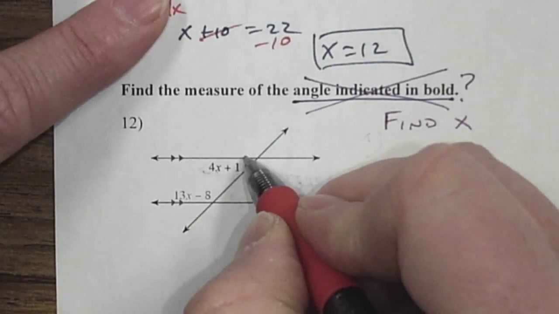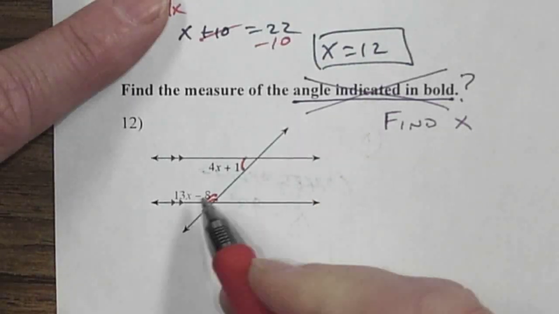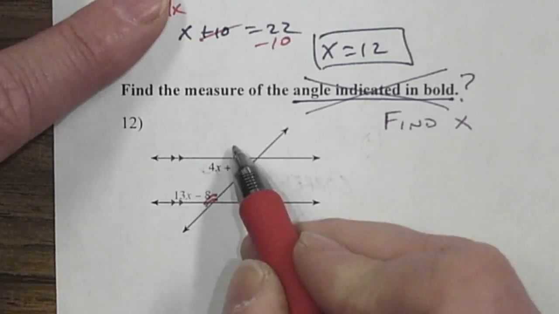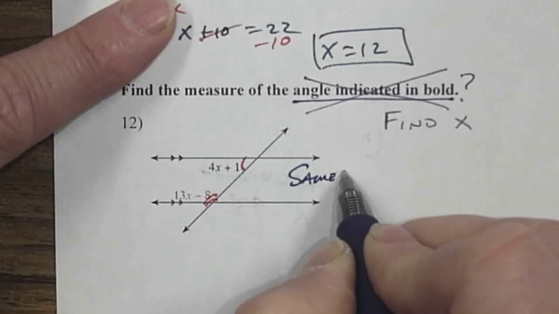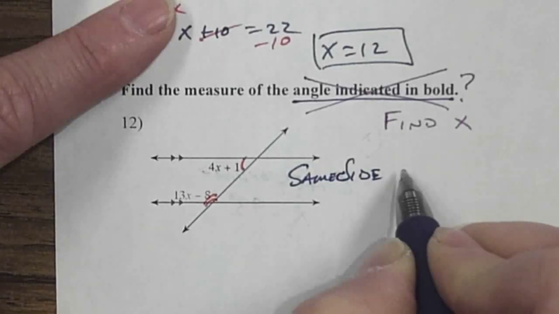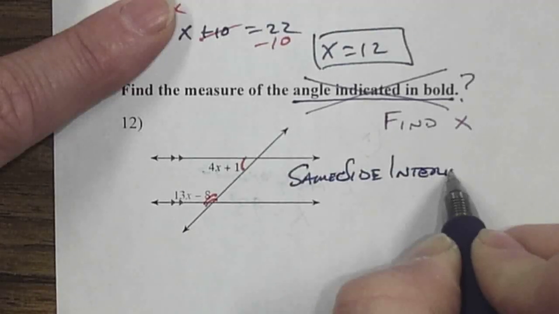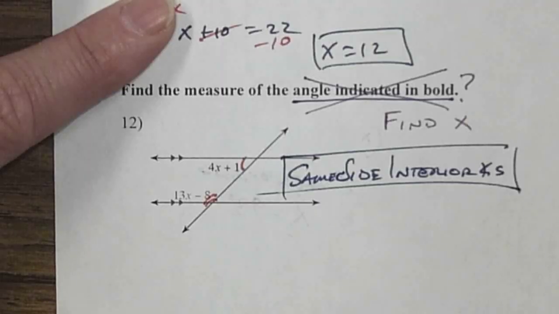If I look at it, I've got one here, acute, and another here, obtuse. They're on the same side and in between, so these are same side interior angles. Always name them. Same side interior.